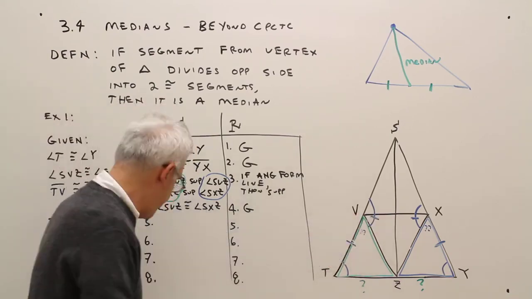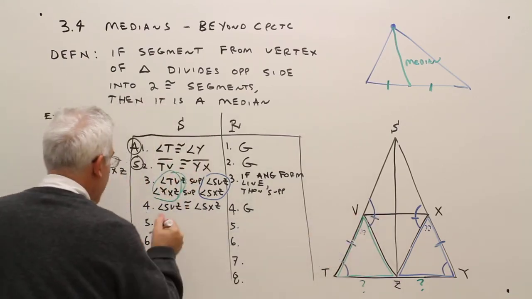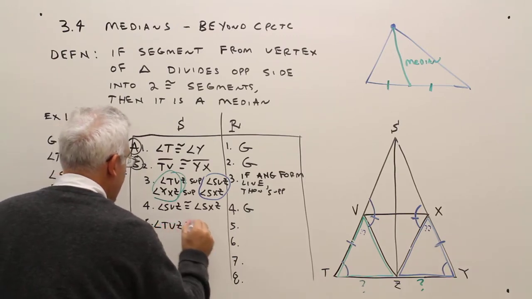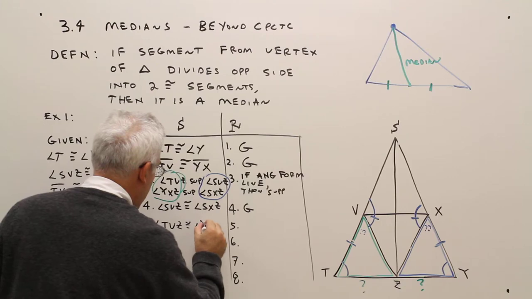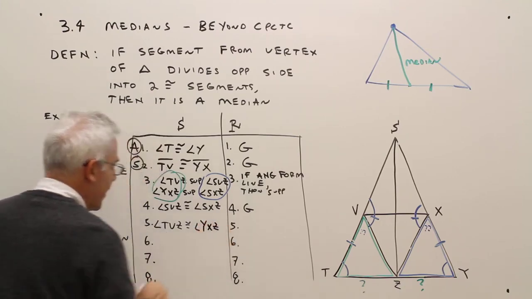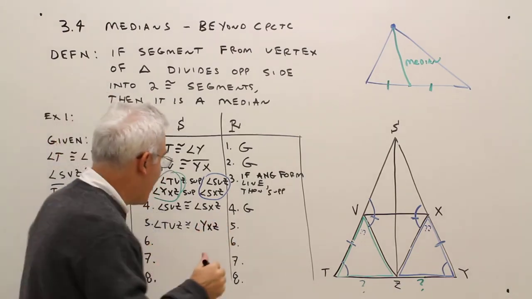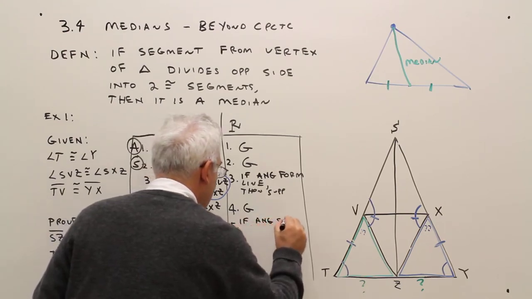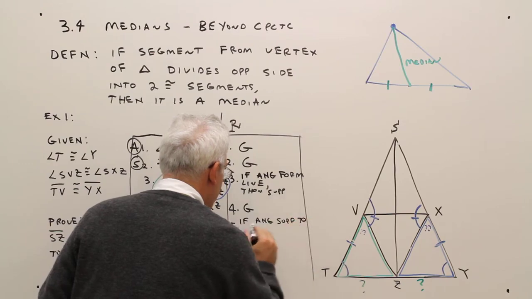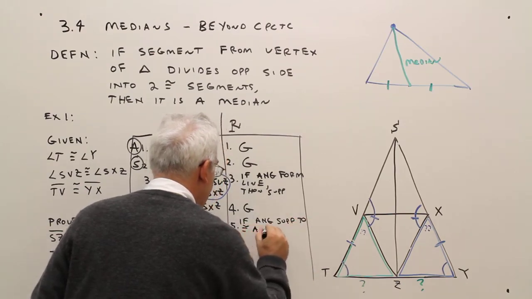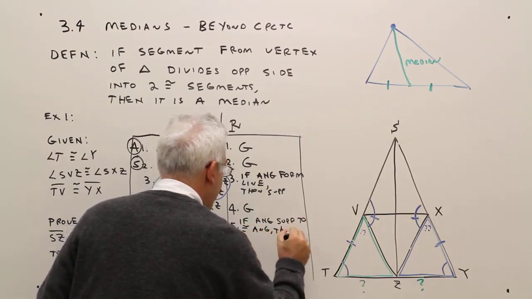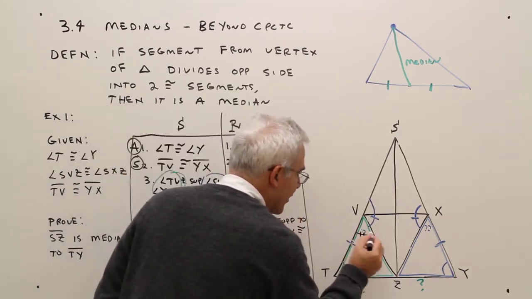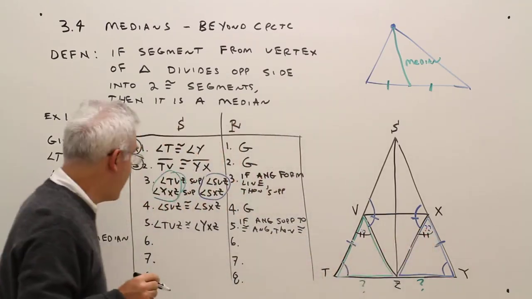And that's what I wanted. So angle TVZ is congruent to angle YXZ. All right, I'll write it down. If angles are supplementary to congruent angles, then congruent. So I just got those angles to be congruent.